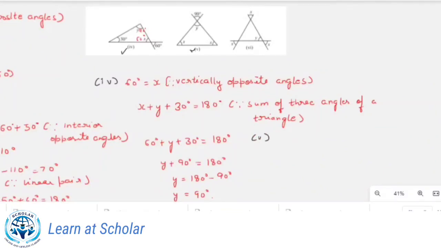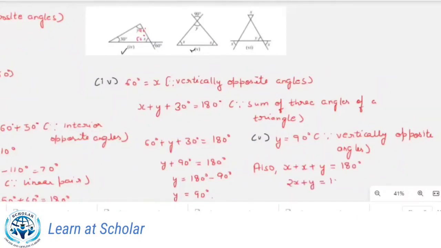The next one, the fifth one. Again vertically opposite angles, y will be equal to 90 degree. We will use the same method to solve this part. Two angles are equal, 2x plus y. The value of y is known.